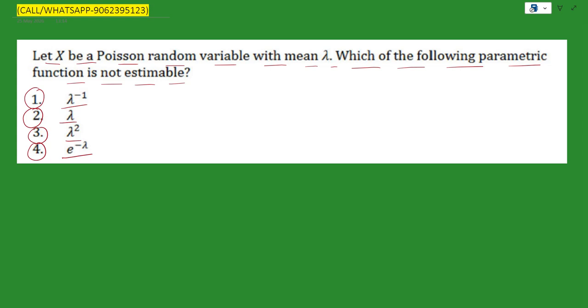First we should understand estimability. Estimable means what? A function g of lambda is called estimable if there exists some statistic T(X) such that E[T(X)] = g(lambda) for all values of lambda.